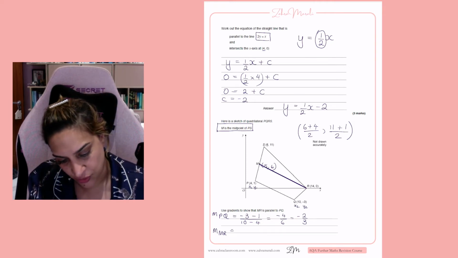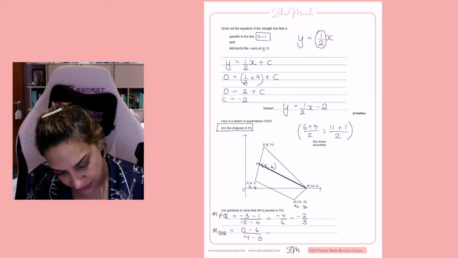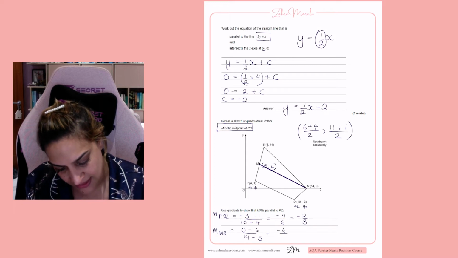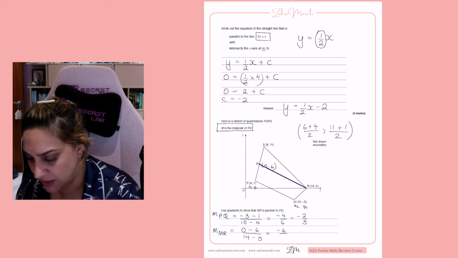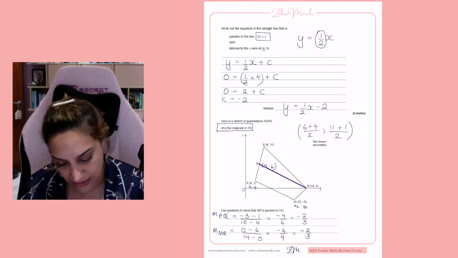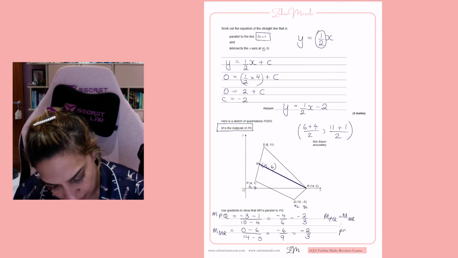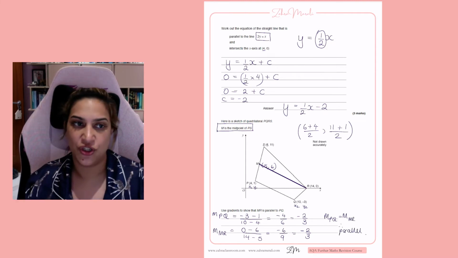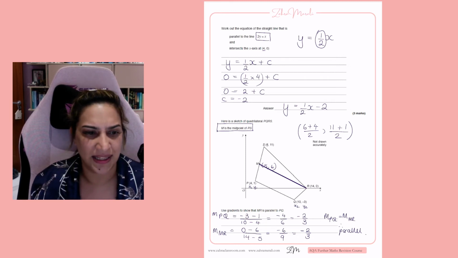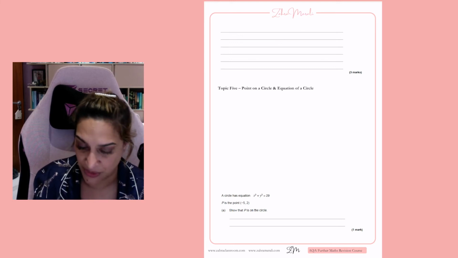So if I do 0 minus 6 over 14 minus 5, I've got minus 6, and then 14 take away 5 is 9. That also cancels down to minus 2 over 3. And so you're going to say m of PQ equals m of MR, therefore parallel. And you've shown your work and got your marks. I think this question in total was 3 marks.